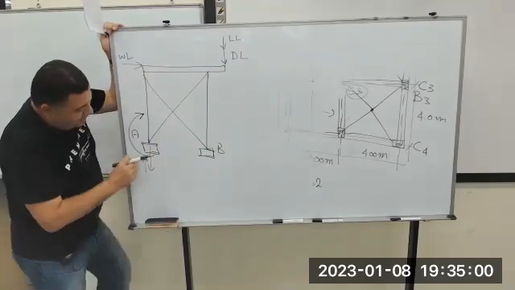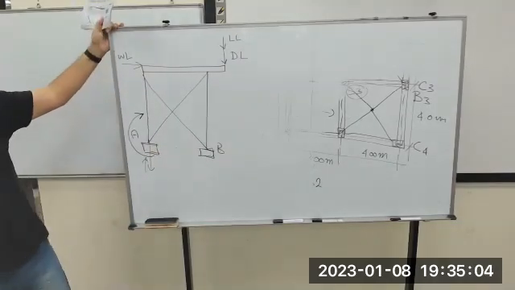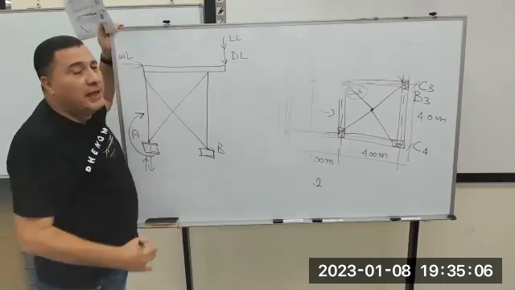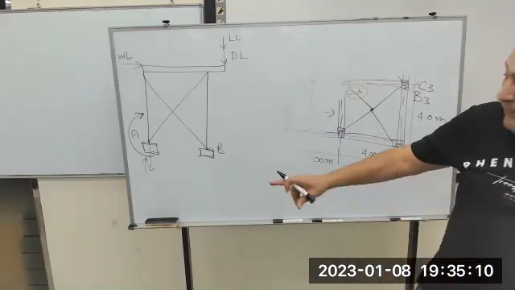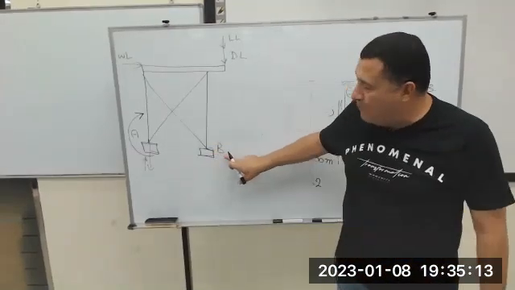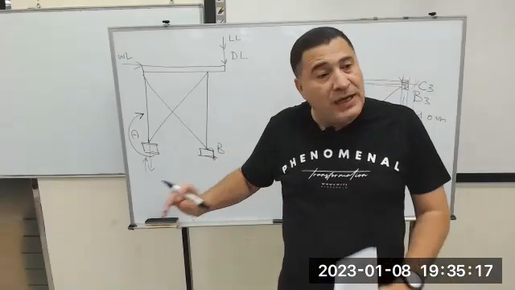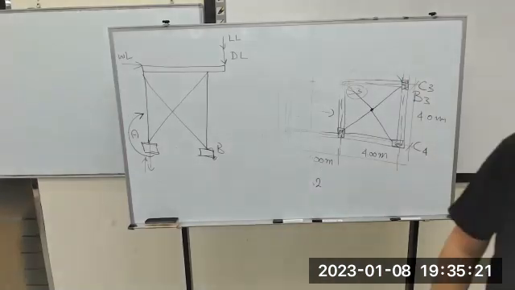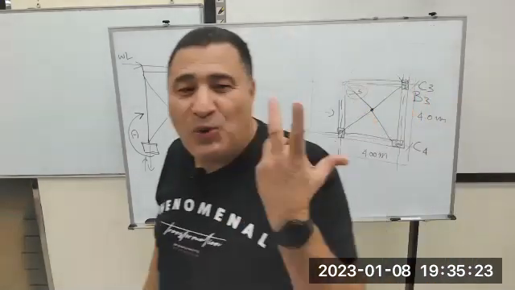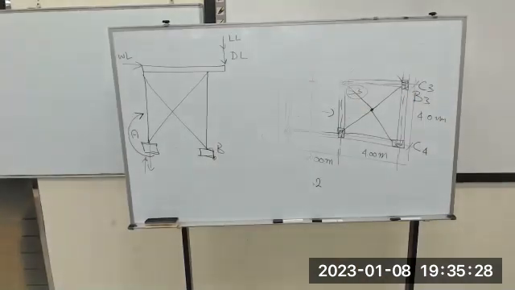If there is uplift to this foundation, what will happen for footing B? Think, what will happen if there is uplift here? Especially at this point. It's rotation, but what do you call it in engineering terminology?